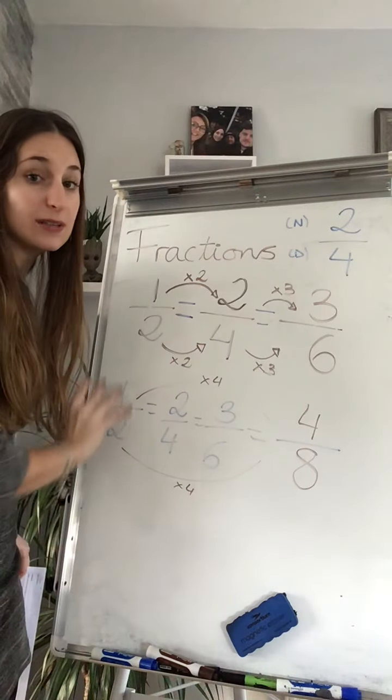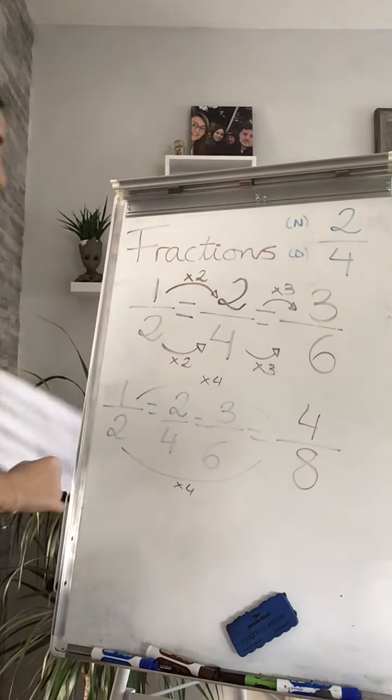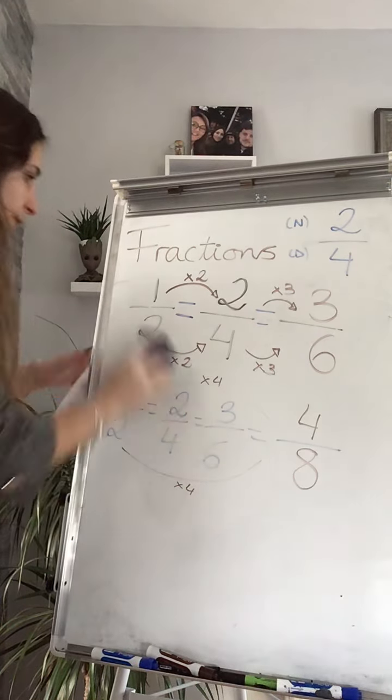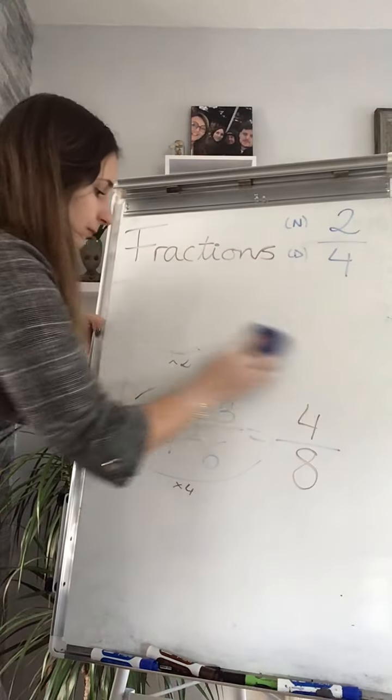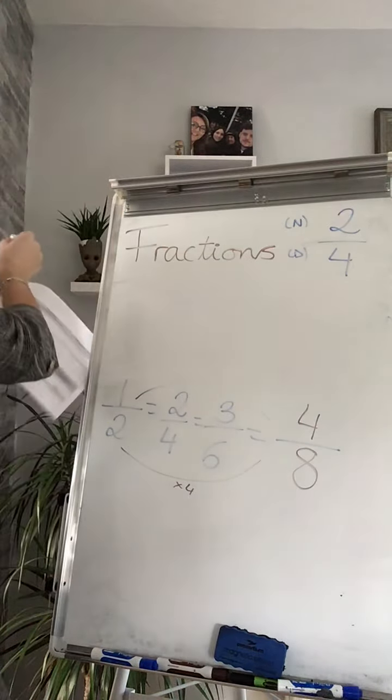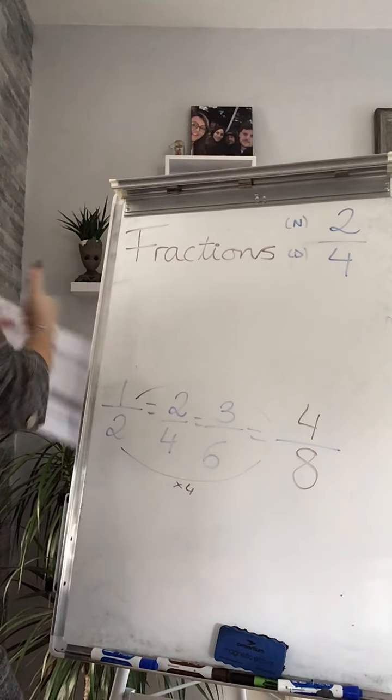They are all the same value, the same amount, okay? Right, what happens if I get a different fraction now? What happens if I get a fraction like this?